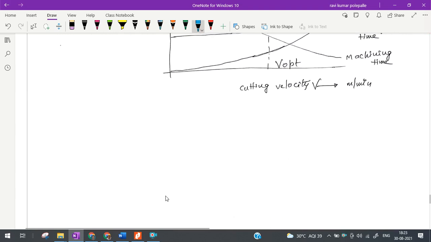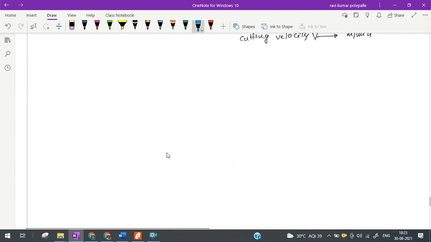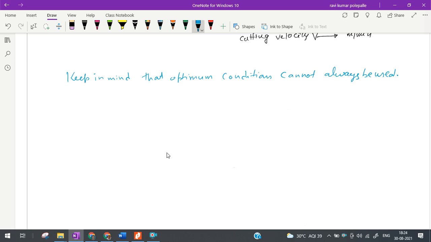So this is regarding the economics of machining. We should also keep in mind that optimum conditions, that means optimum cutting speed, cannot always be used. What are the reasons for that? One, the drives available are step drives.